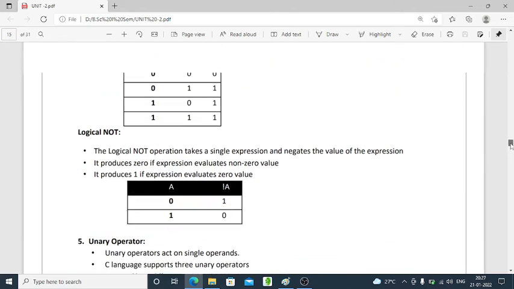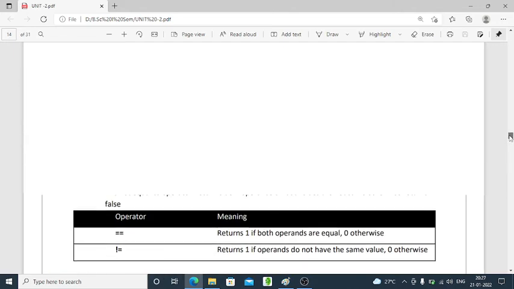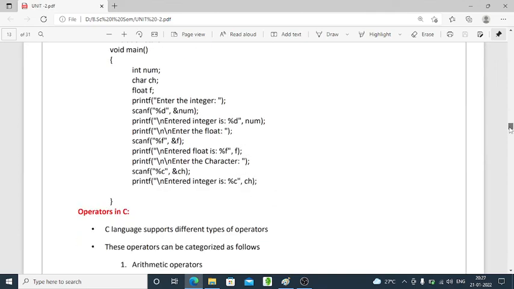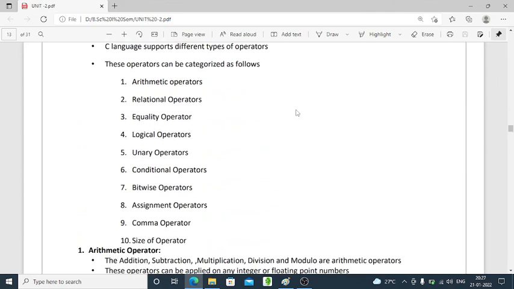The remaining operators we will discuss in the next class. In today's class we discussed 4 operators: arithmetic, relational, equality and logical operators. Arithmetic operators are addition, subtraction, multiplication, division and modulo. These are also known as binary operators because they work on two operands.